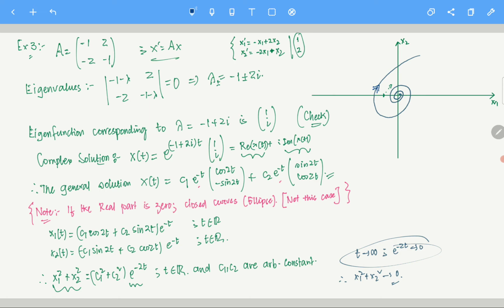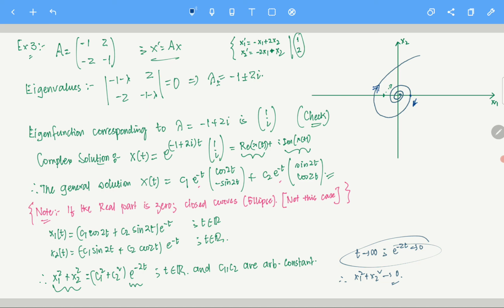How do you determine the direction in this case? Please remember this thing. Of course e power minus t goes to 0 and all, that's fine. But to determine the direction, you take any point on the curve. Let's say 1 0. If you take 1 0, it will be minus 1 minus 2. So it will point this way somewhere. Minus 1 minus 2 vector at this point.